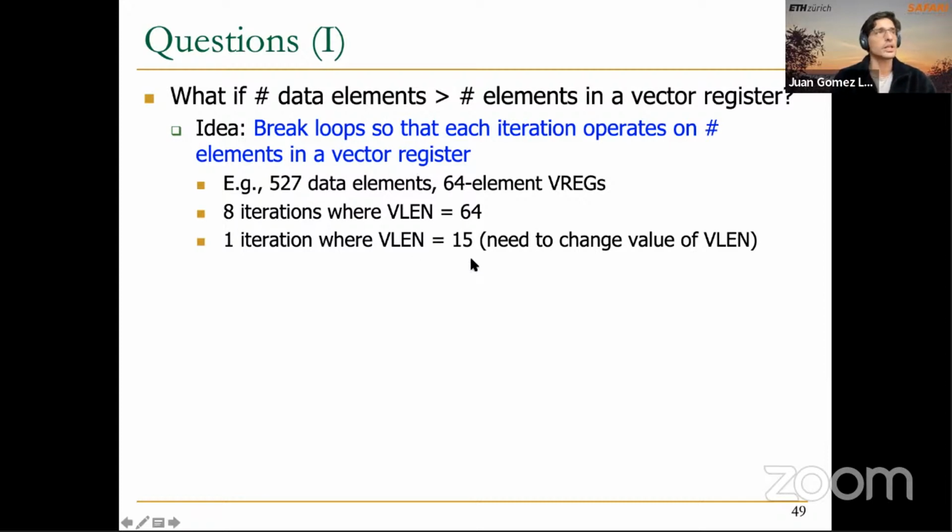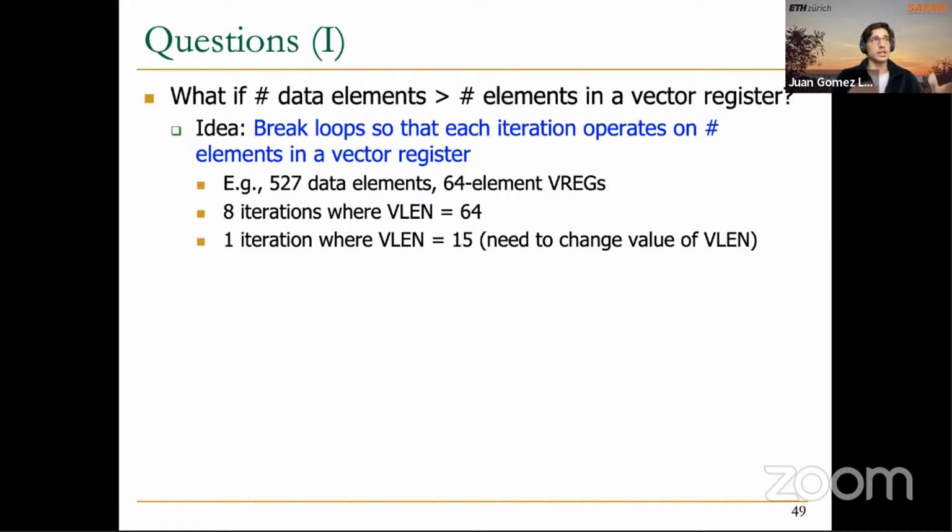So it's exactly the way as I was explaining. I have 527 data elements, and I have to distribute these 527 data elements across iterations using the vector registers that I have available. And my vector registers and my vector length have a maximum of 64.